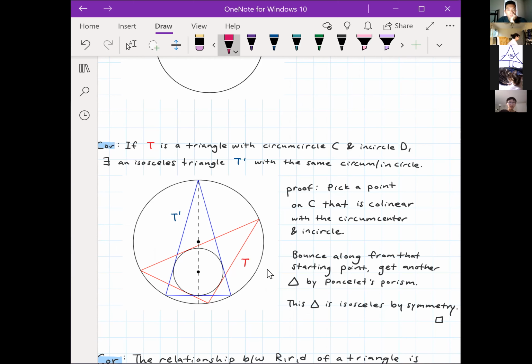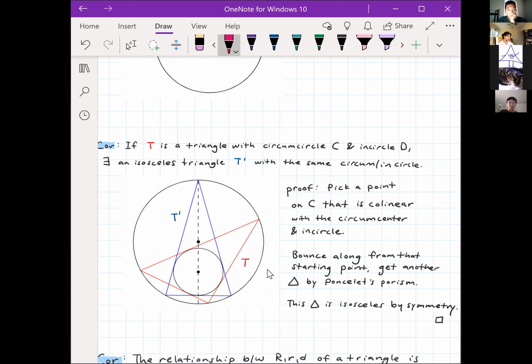And then we can look at the line between those two points. It's going to intersect the circumcircle at two points. So let's just pick this top point over here. And by Poncelet's Porism, we can make a triangle starting at this point that is in our Poncelet triangle family.